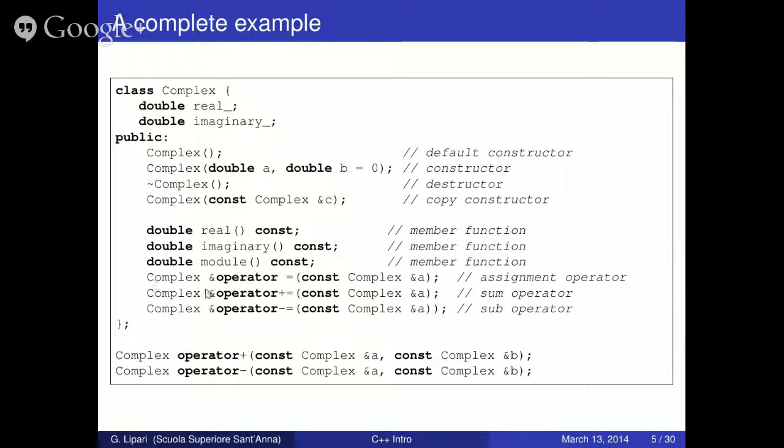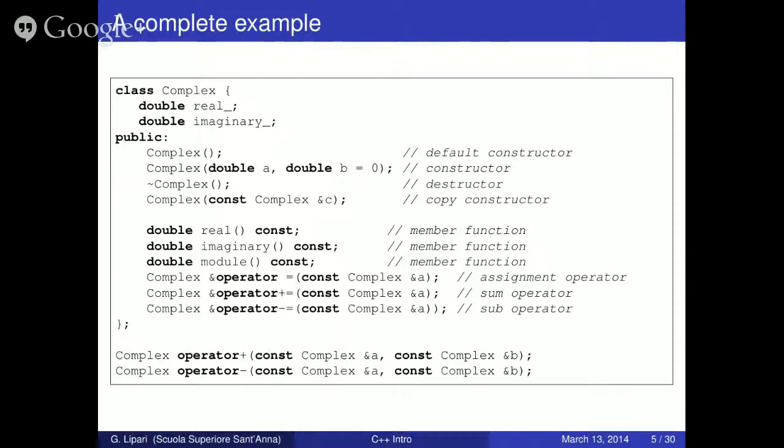The first one is the assignment operator. And this assignment operator is very similar to the copy constructor in the sense that the idea of the assignment operator is to copy one object inside another one. Then we have the sum operator, which just sums a complex to another complex. And then we have the subtract operator, which does basically the same thing. Okay?